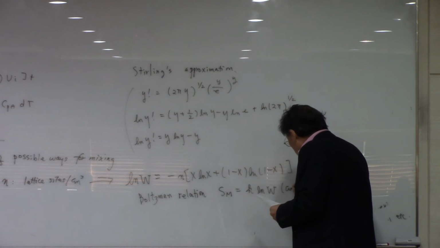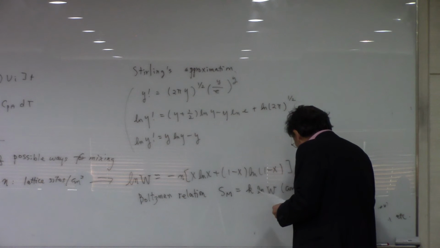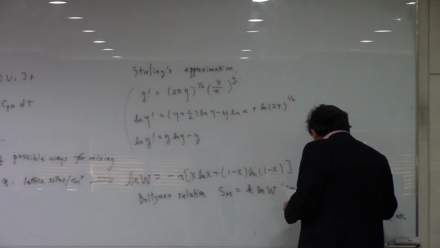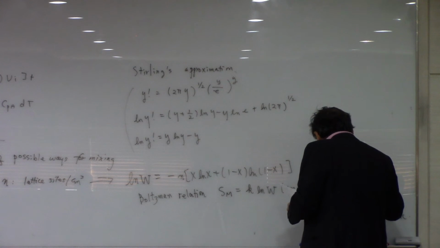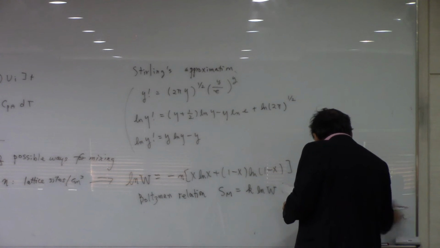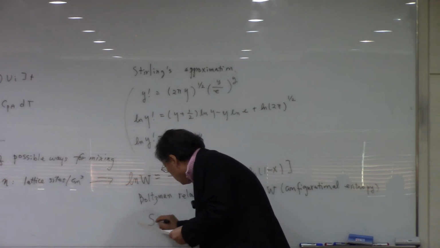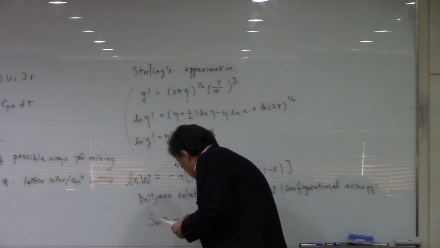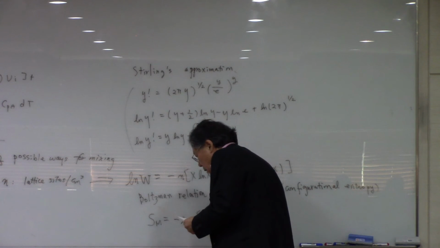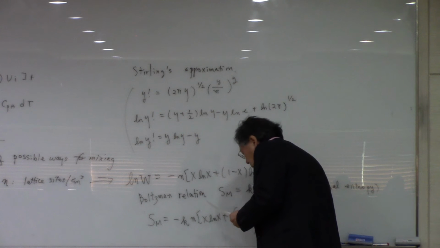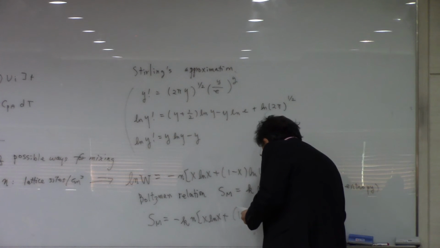That is a configurational entropy. Sm is equal to minus kN times (x ln x plus (1 minus x) ln (1 minus x)).